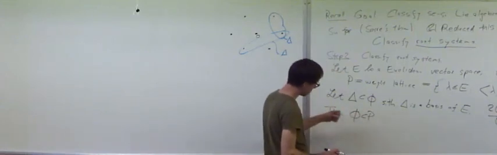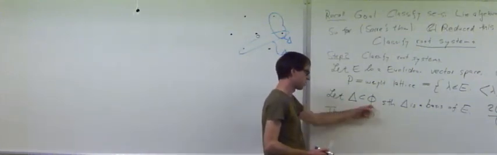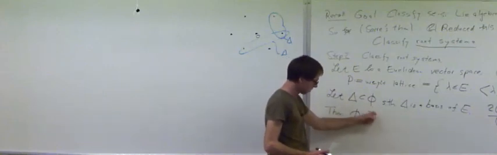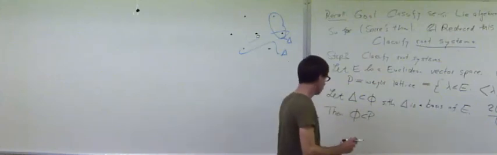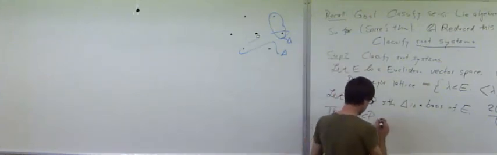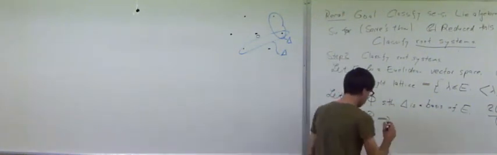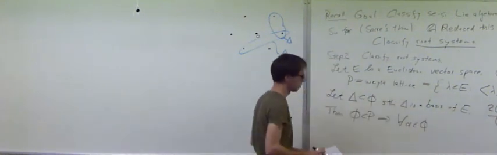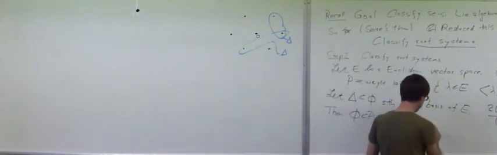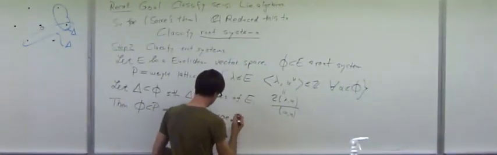So I pick a basis, delta, which is contained in the root system. So the basis consists of vectors in the lattice. So whenever I express another root in terms of this basis, that will have rational coefficients.